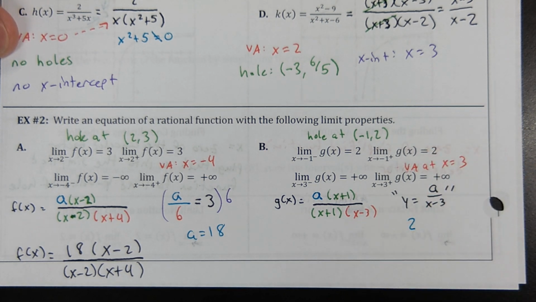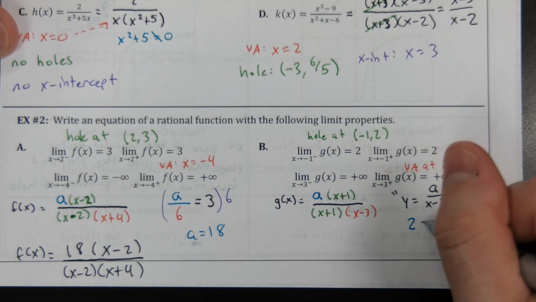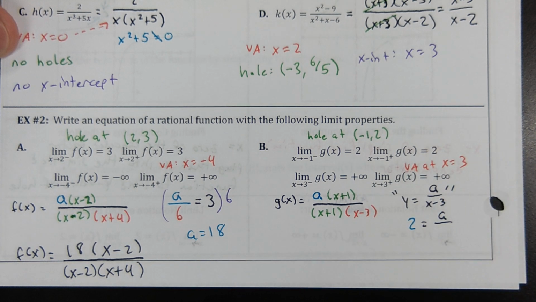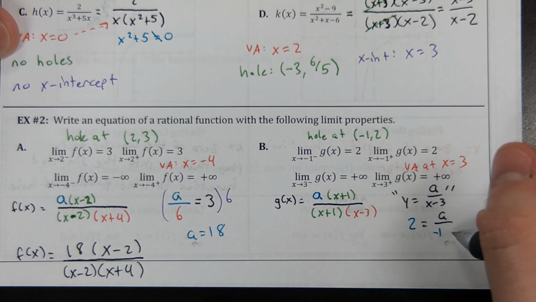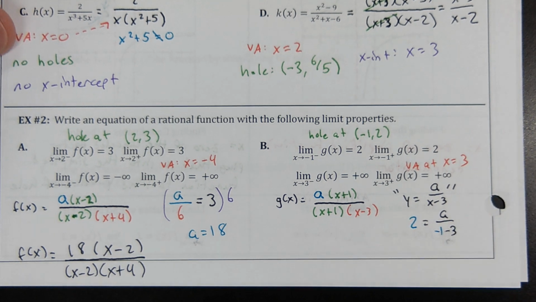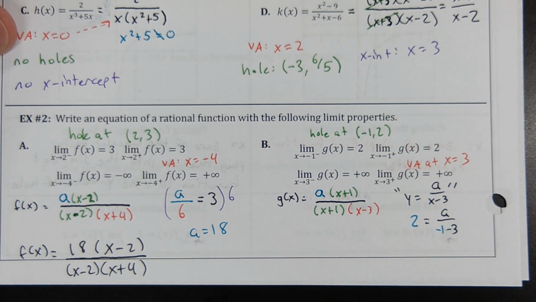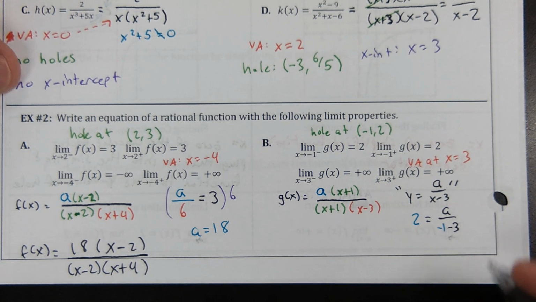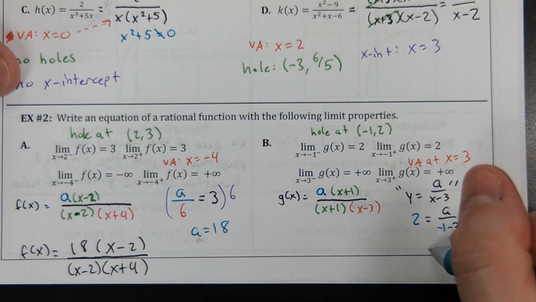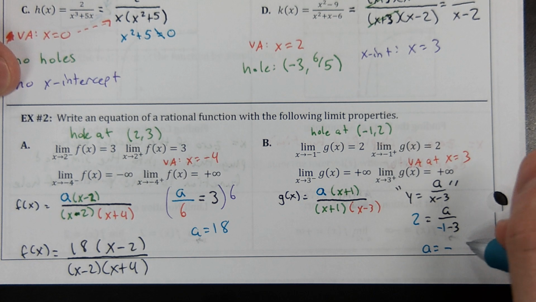y is 2. x is -1. -1 minus 3 is -4. Multiply both sides of this by -4, and you will get that a equals -8.